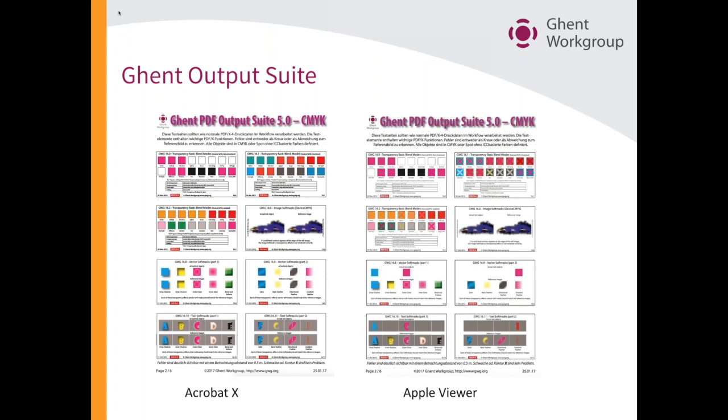And finally, to make this test even simpler, we tried to put as many of those patches on a few pages. So in the end, if you want to test the full Ghent output suite, you have to produce 3 or 4 output pages and look at them. And that's enough to decide whether your workflow is working, yes or no.